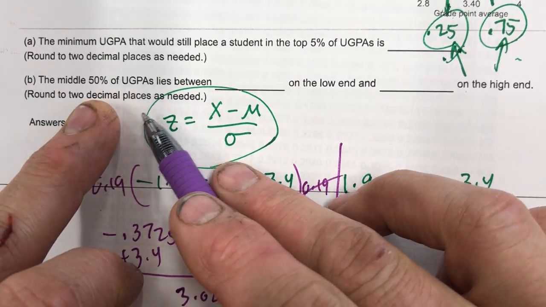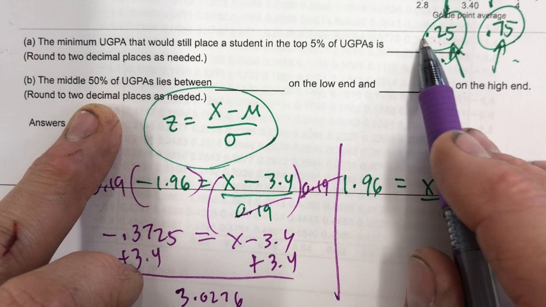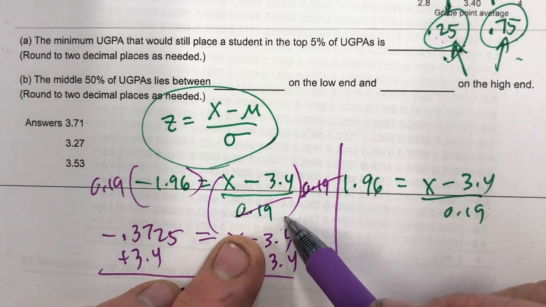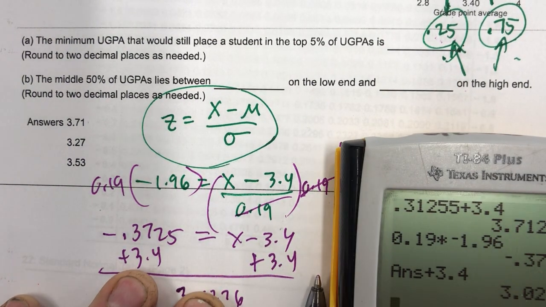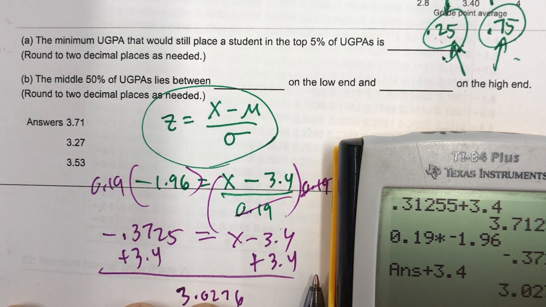All right, the middle 50%, that's going to be 0.25 and 0.75. So 0.25, looked up, negative 1.96. Let me multiply that again, negative 0.3275, and then I add 3.4.